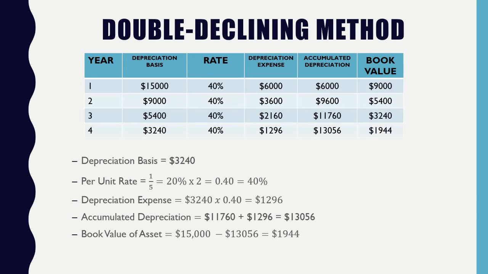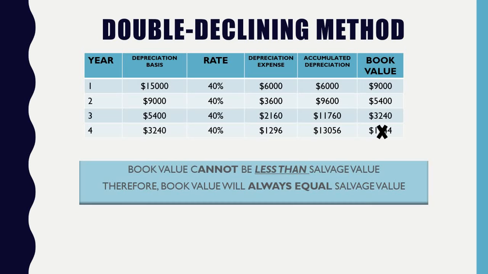Okay? So once I've solved and keep on going, I'm at year 4, and what is my book value now? 1,944. But what is my salvage value at? 2,500. So therefore, no, it cannot be valued at 1,944.